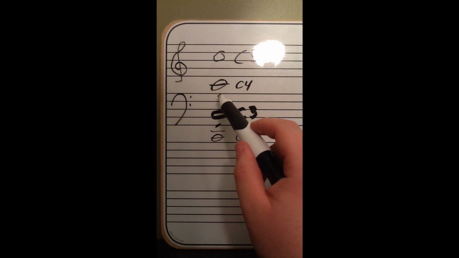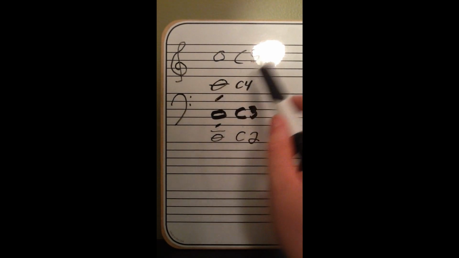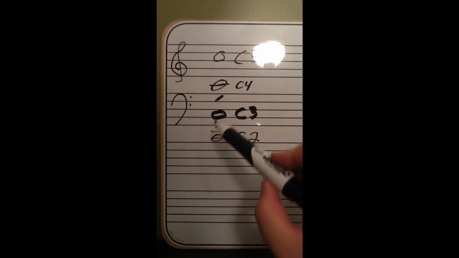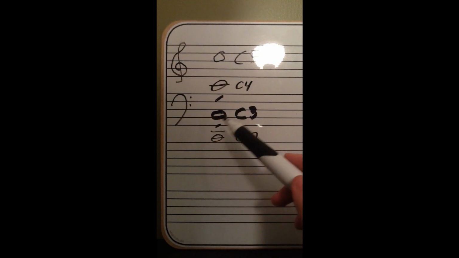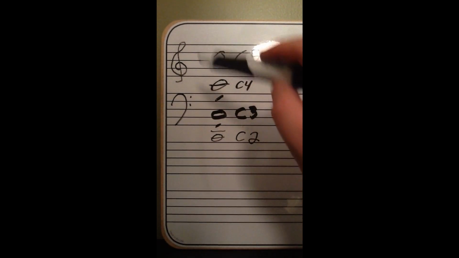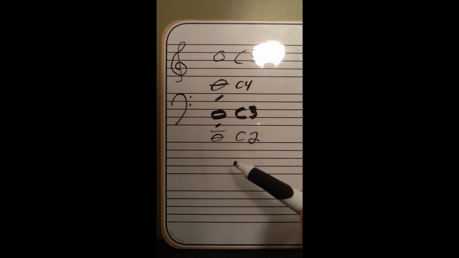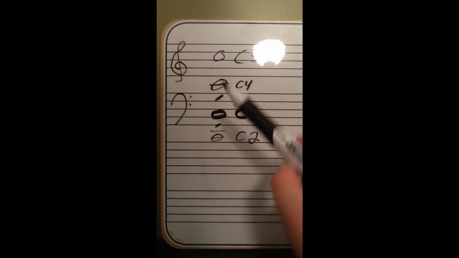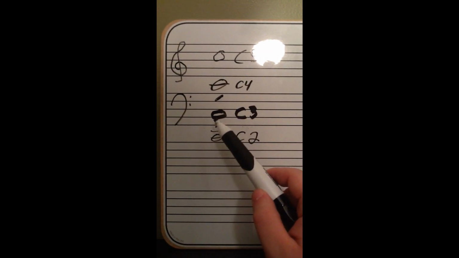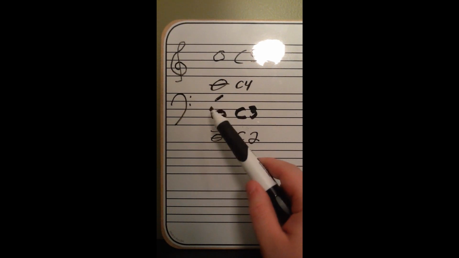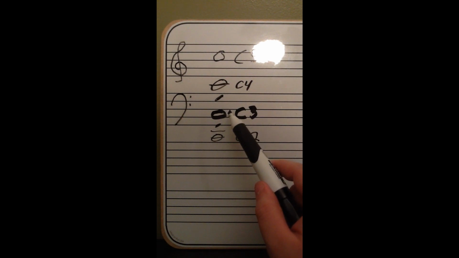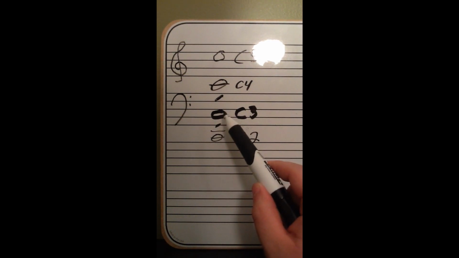If I wrote the G here, that's a G3. Think of these C's as checkpoints.